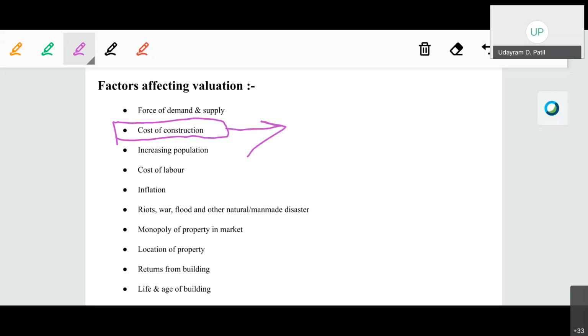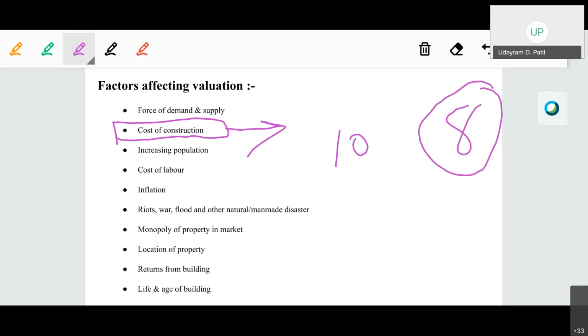If the property is old, then it doesn't matter much what the cost of that property is. But if the property is fairly new, only a few months since it was constructed, then the cost of construction will matter. Suppose the cost of construction is 10 lakh and the current market value is 8 lakh, then the contractor will not sell the building at 8 lakhs.